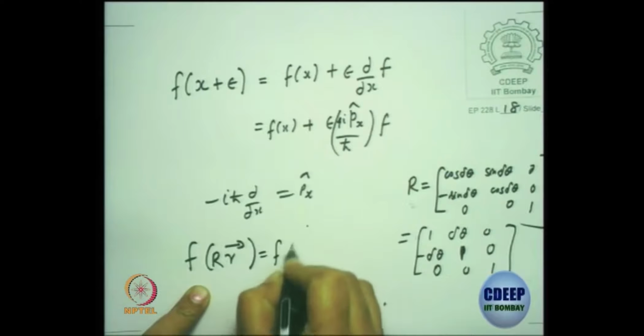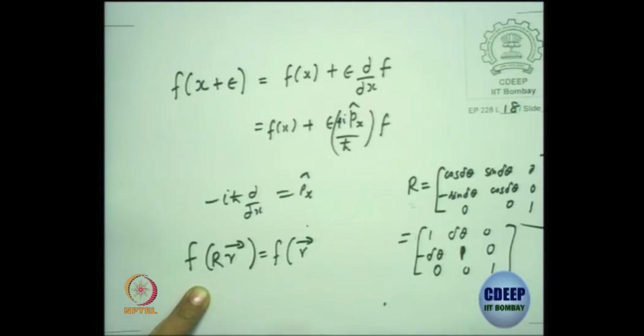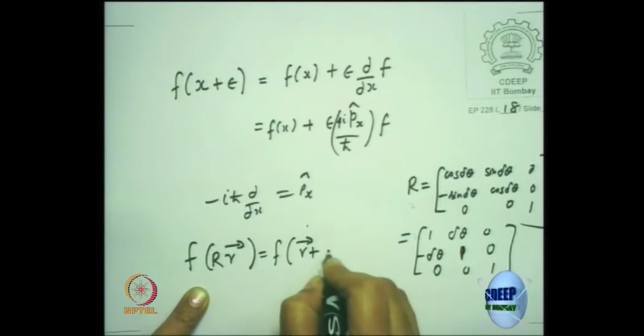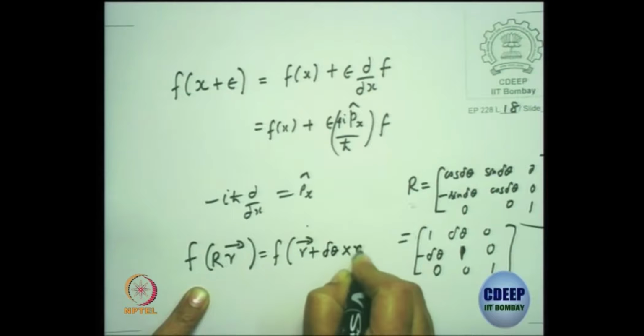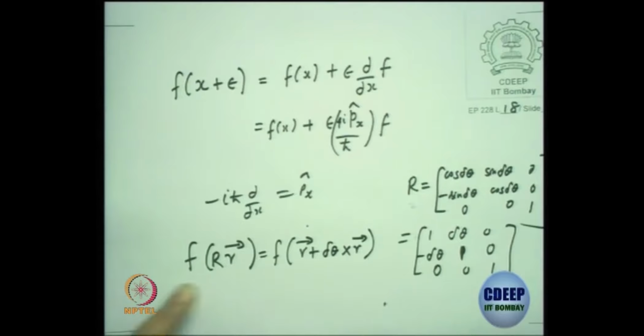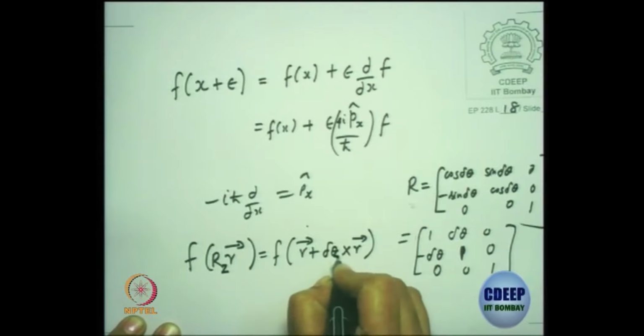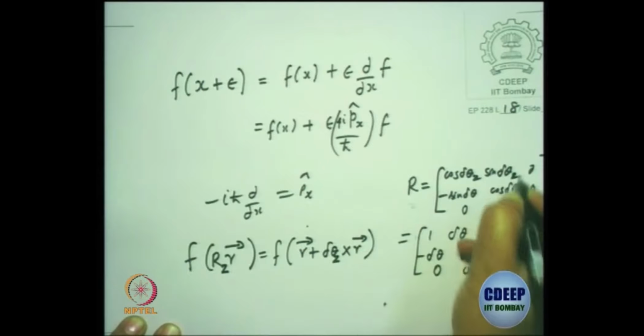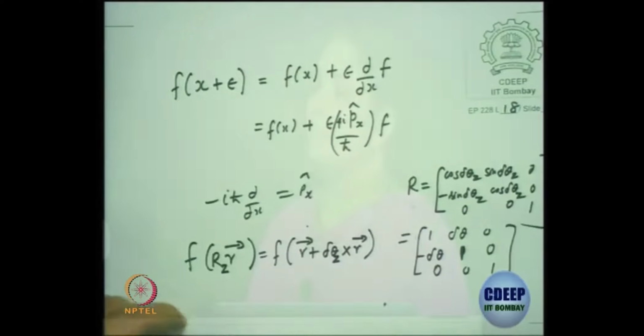It is f of r vector plus this off diagonal matrix. You could perhaps write it as some delta theta cross r vector. Check it out. I am doing this for a rotation about z axis. So let us keep this rotation about z axis and put this theta also about z axis. You understand what I mean?